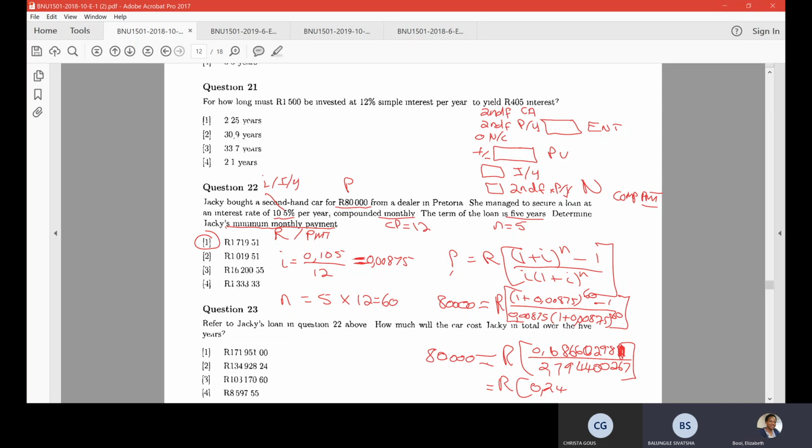And the bottom one, 1 plus 0.00875 equals, take the power of 60 equals 1.68. Multiply that with 0.007875 equals, yes, that's where I did it all wrong. The bottom part, fix that.